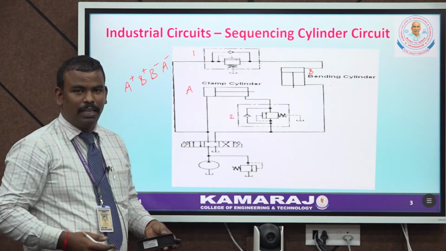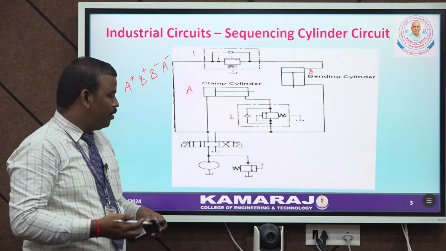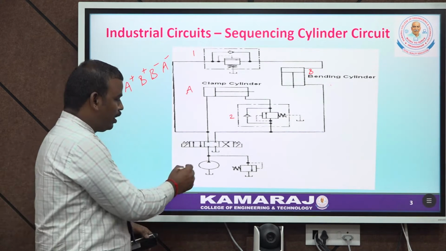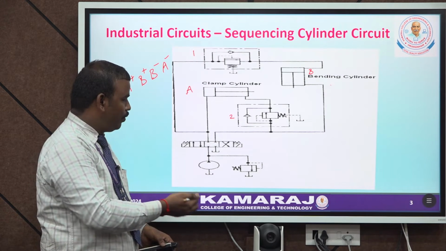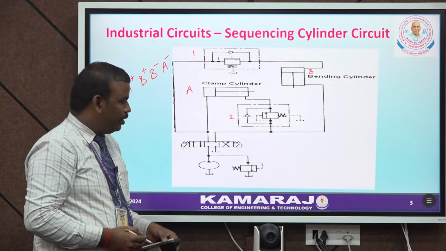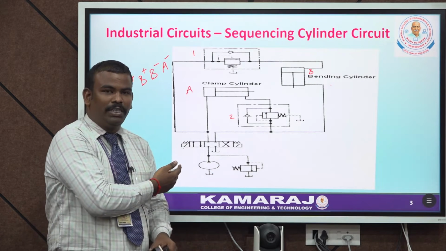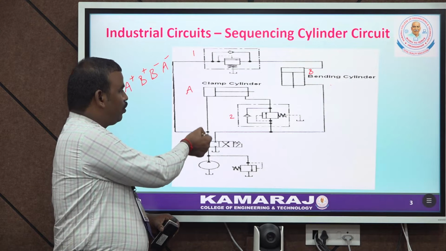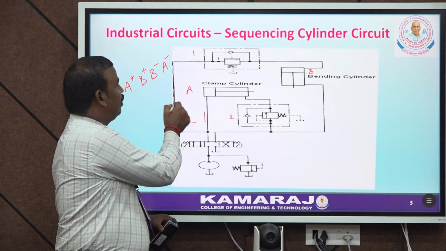So now we discuss the working of this sequential circuit. First, the oil is pressurized by using a hydraulic pump like a gear pump or vane pump. The pressurized fluid flows to the 4/3 solenoid operated DC valve. When the left position of the 4/3 DCV is actuated, the oil flows directly to the clamping cylinder as well as sequence valve 1.